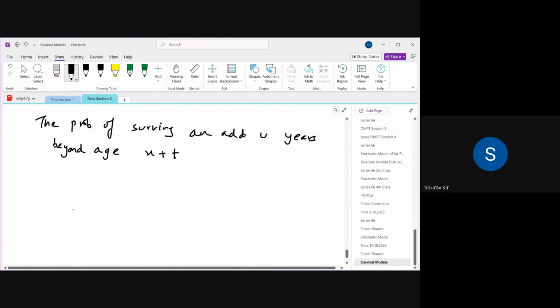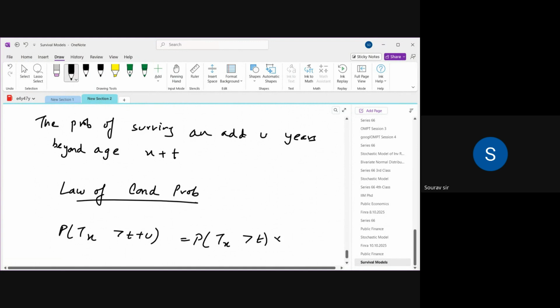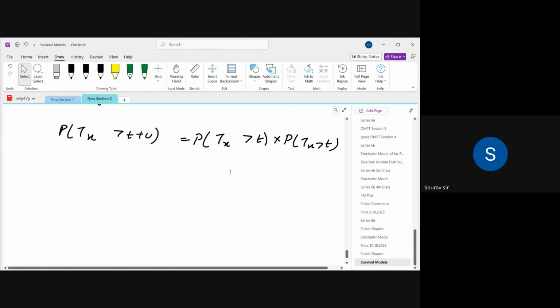So this is derived from what? P of Tx greater than t plus u is P of Tx greater than t, multiplied by P of Tx greater than t plus u given Tx greater than t.